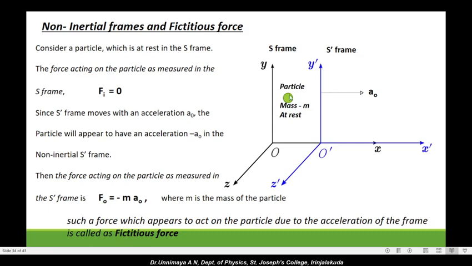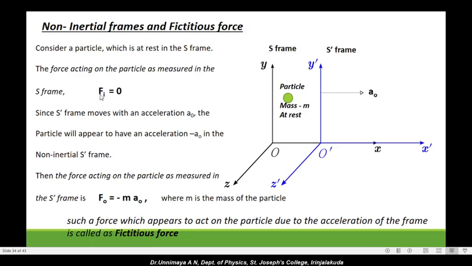Now consider a particle having mass m which is at rest in the S frame. So the force acting on the particle as measured in the S frame, Fi, will be equal to 0. We use the suffix i because S is an inertial frame.